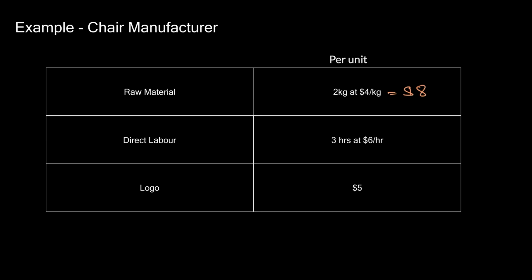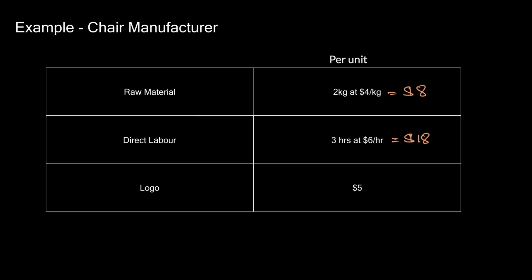Now let's take a look at your labor. I know labor has to work 3 hours to manufacture one chair and they have to be paid a wage rate of $6 per hour. So again, I can calculate that for one chair that I make, I need to pay labor $18, right? So can you see that these are costs that can be traced for one single unit?